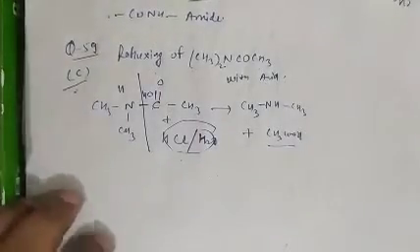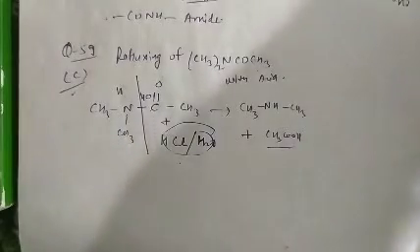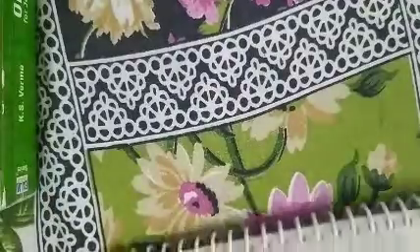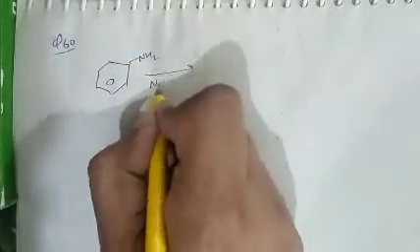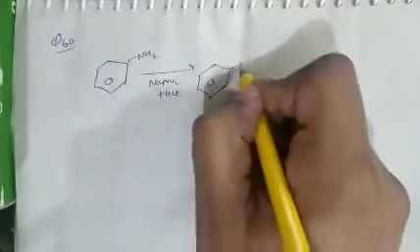See question number 60. In question number 60, a reaction is given and we have to find the product in the following steps. When aniline reacts with the diazotization reagent NaNO2 plus HCl, it forms the diazonium salt, N2 plus Cl minus.